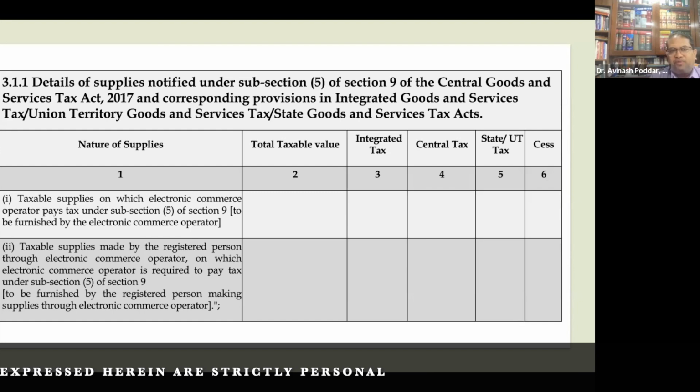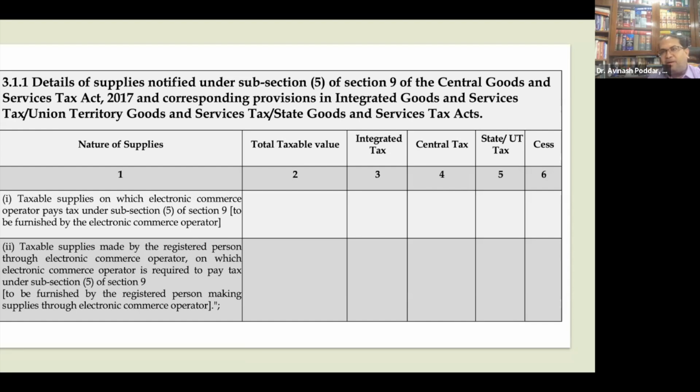If you see, clause 1 of this table says taxable supplies on which electronic commerce operator pays tax under subsection 5 of section 9 to be furnished by the electronic commerce operator. तो बहुत सारे ऐसी ट्रांजेक्शंस है जहां पे इलेक्ट्रॉनिक कॉमर्स ऑपरेटर इज मेड लायबल टू मेक द पेमेंट ऑफ टैक्स. So all those transactions where the electronic commerce operator has to make the payment of tax will be filled in clause 1.